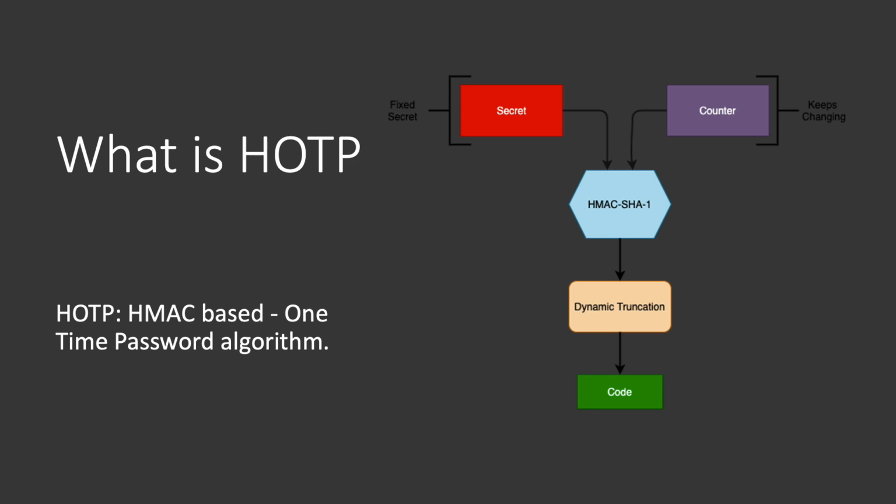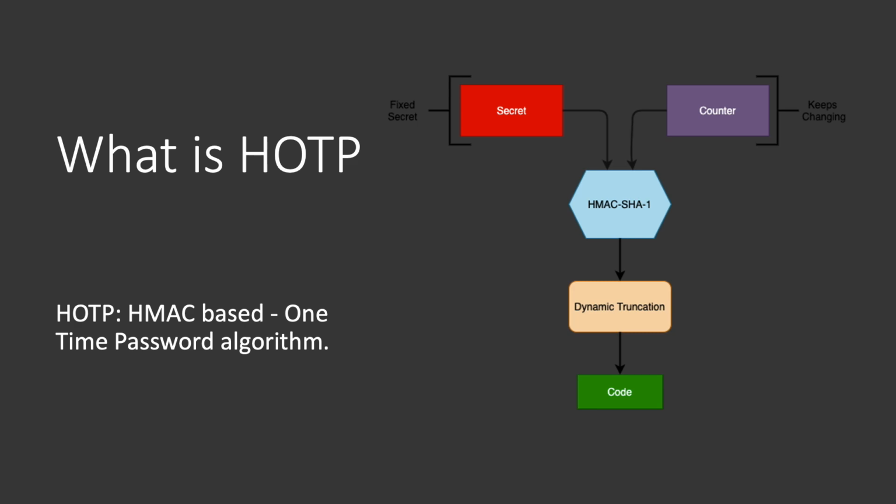We're going to delve more deeply into how this works, where the secret comes from, how the counter works, and what dynamic truncation is, later on. But for now, let's understand that HOTP basically takes two parameters: the secret, which is fixed, which means it's shared by the server and the application, and the counter, which we will also delve into more deeply.